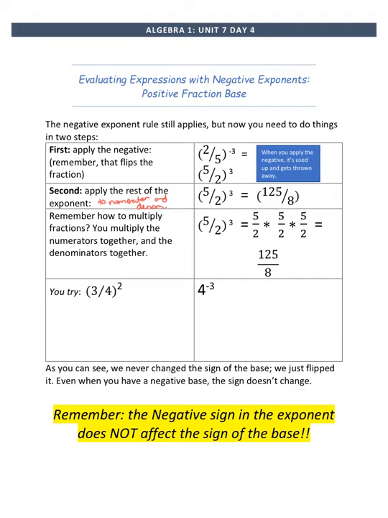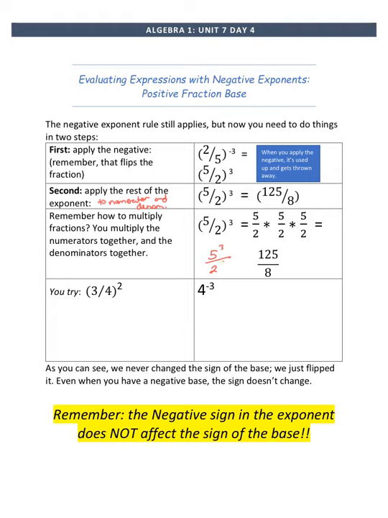And then the next step, I show you how it is. 5 over 2 to the third power is 5 over 2 times 5 over 2 times 5 over 2. That's 125 over 8. 5 to the third power, it's like 5 to the third over 2 to the third. Well, it is like that, it just is.